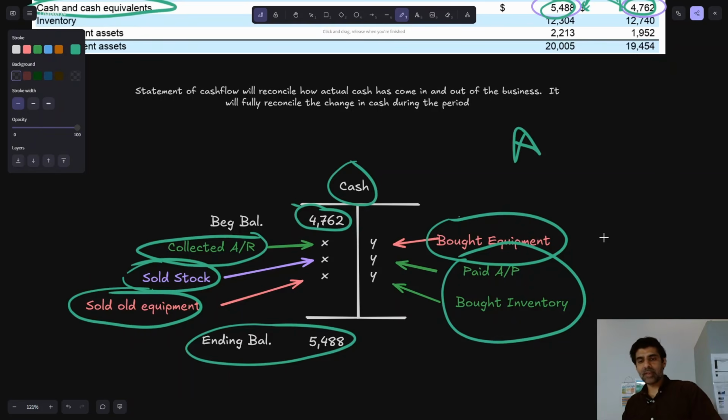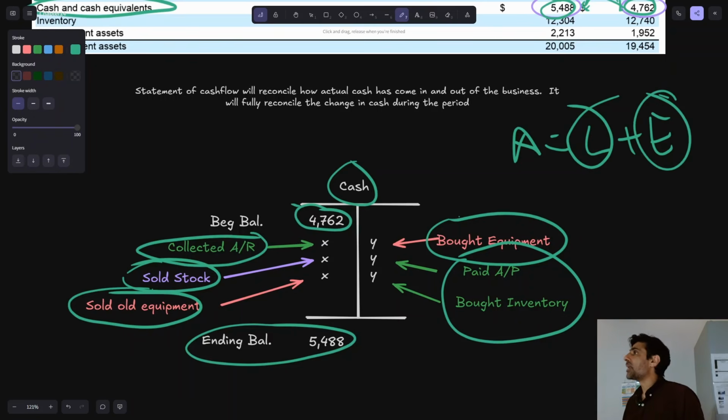We have, again, assets equals liabilities plus equity. So some borrowing has happened, some dividend got paid, some sale of stock happened. Something is happening on this side of the balance sheet related to the raising or extinguishing of capital.